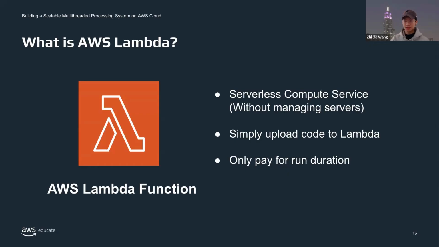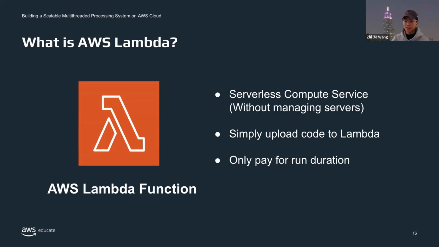The core benefit is that we only pay for run duration. Let's say we're running our Python program on AWS Lambda 2 days a week. We're only paying for those 2 days when the service is running, and we don't need to pay other costs.